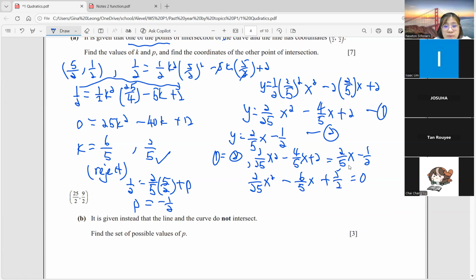Okay, so try to simplify it. Everything times 25. So it becomes 2x squared minus 30x. Yeah, I need to simplify this thing. So that means I can put 25 times 2, 50. So 4x squared minus 60x plus 25 times 5, 125.